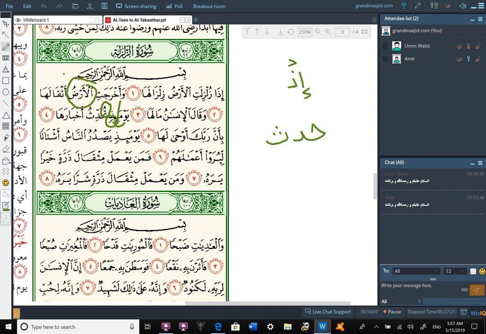Tuhaddithu, yawma idhin, the day when, tuhaddithu, she talks, akhbaraha. Akhbaraha comes from khabar. Khabar is news or information. It's news or information, right? Akhbar is the plural of that. And it is mansoob because it is the object of what she's talking.